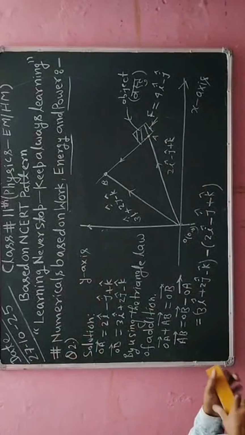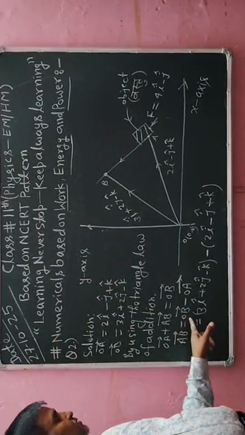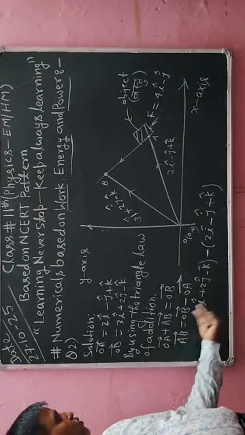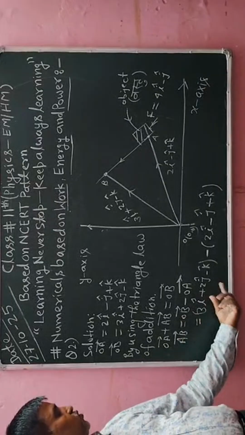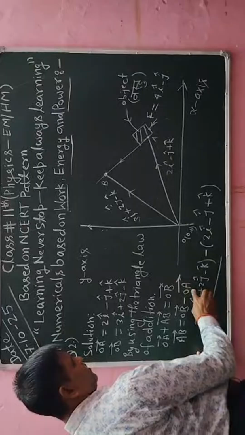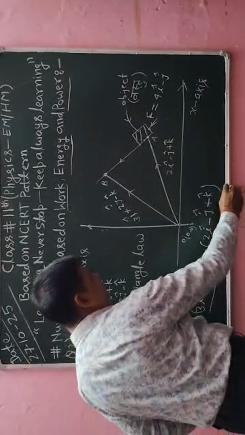Okay, so in this expression I have put the value of vector OB. This is vector OB, and the value of OA, this is the vector OA.